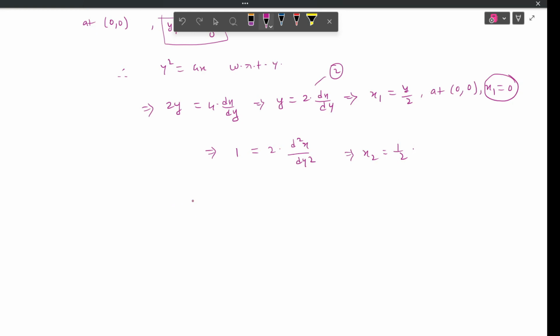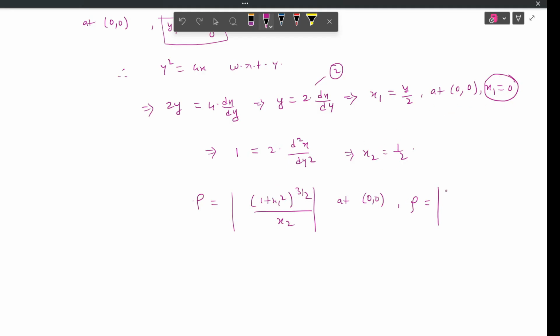You know the radius of curvature rho is 1 plus x1 square to the power 3 by 2 by x2. So at 0, 0, x1 is 0, x2 is half.